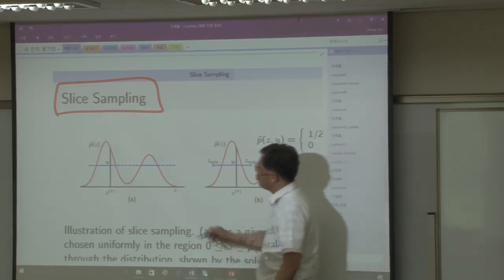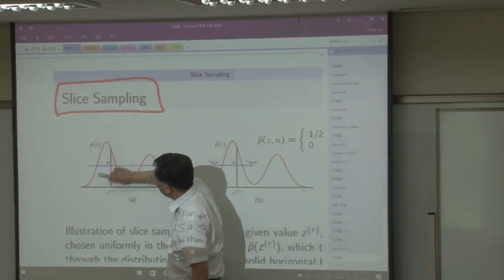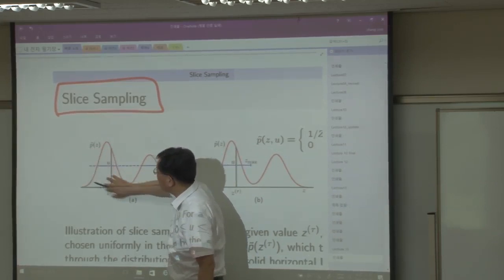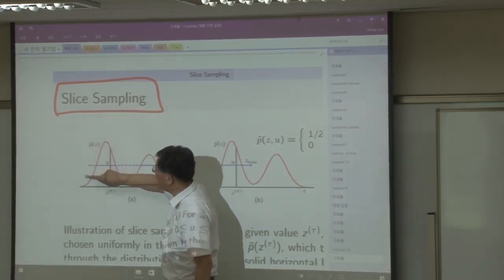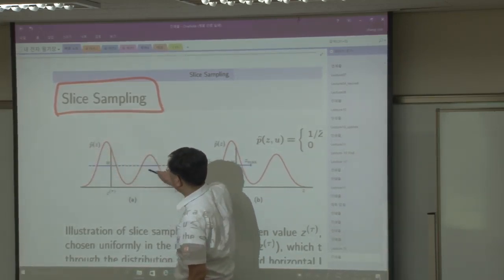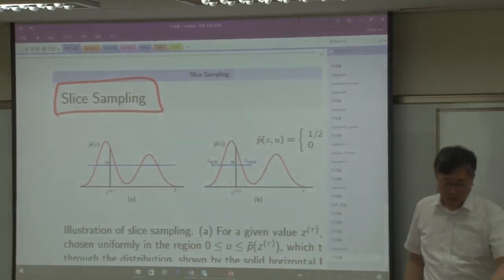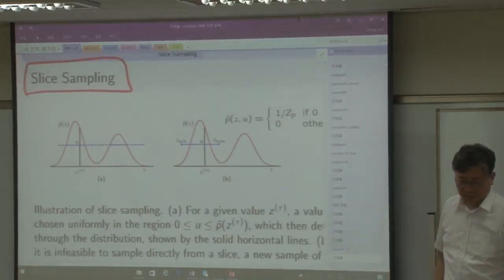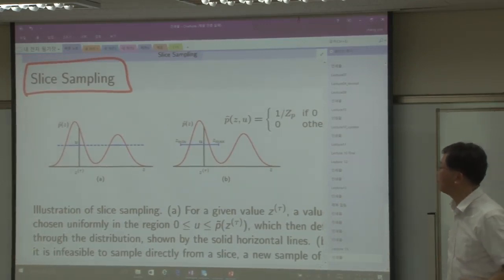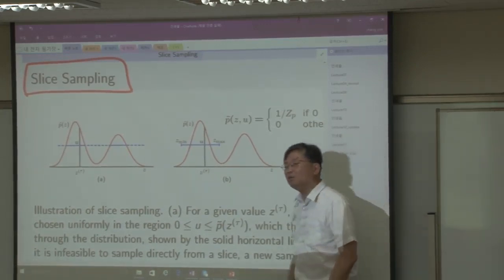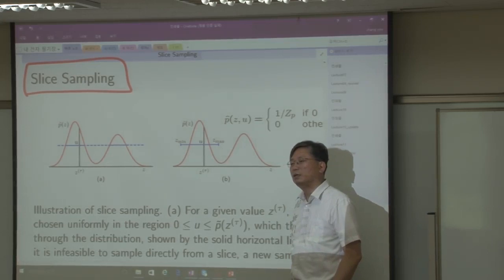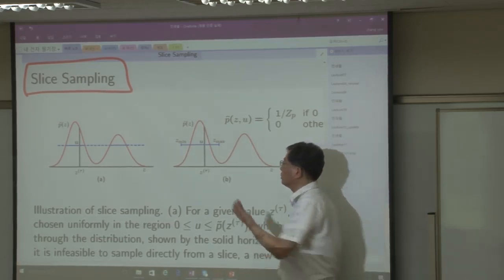So essentially what I'm doing is I'm considering this as a two-dimensional space, and I'm sampling all the points in here. Okay? So that's slice sampling. But you may have a question. I had a question too.